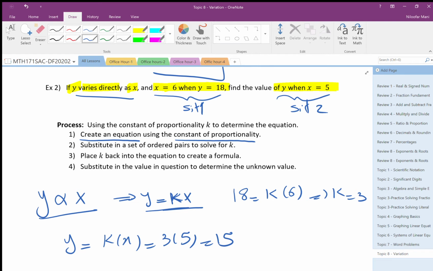So put back k and create the formula. The formula is y equals 3x, and then I can substitute for situation 2 to determine the unknown value.